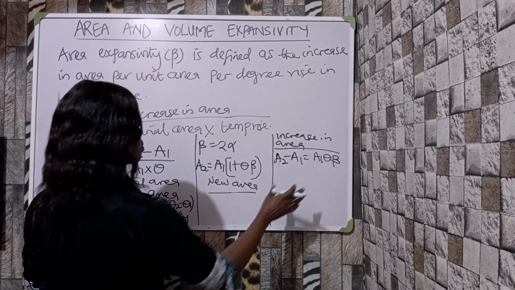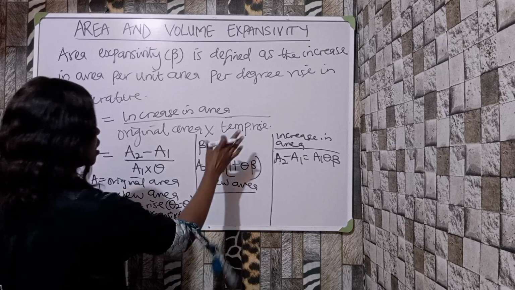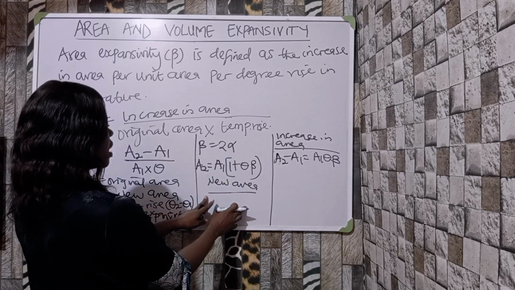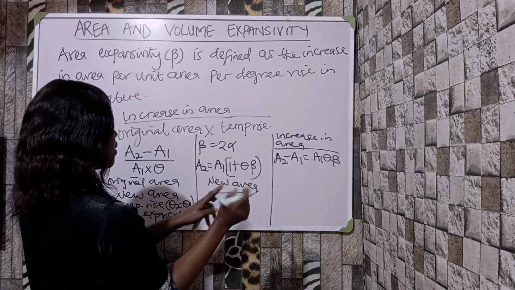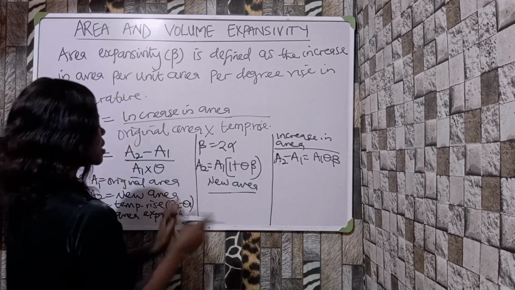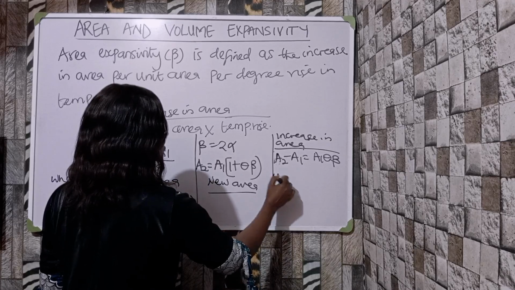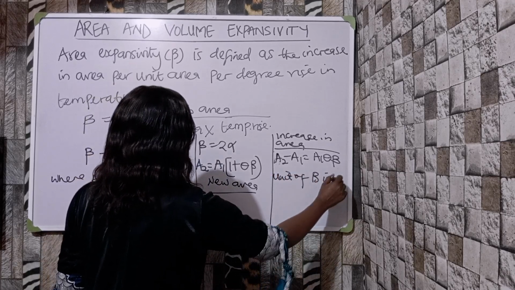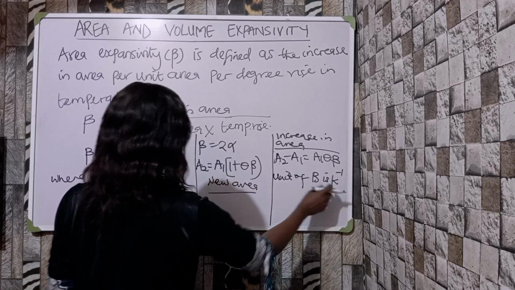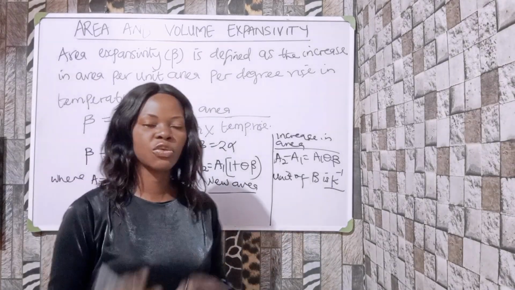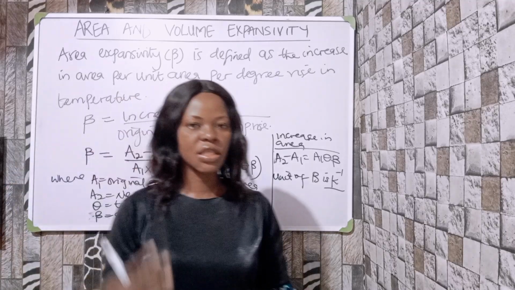Okay, so it's just a similar way. I've told you how to get this formula, but it's the same thing. We are changing the L in linear expansivity to A. All right, so the unit of beta is per Kelvin. Unit of beta is per Kelvin. Okay, so this is all we have to know about area expansivity.